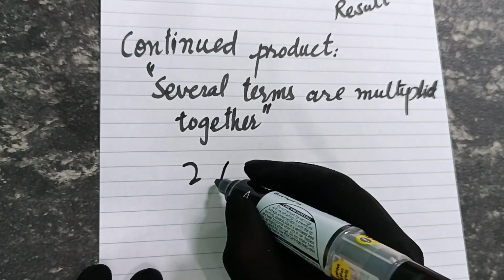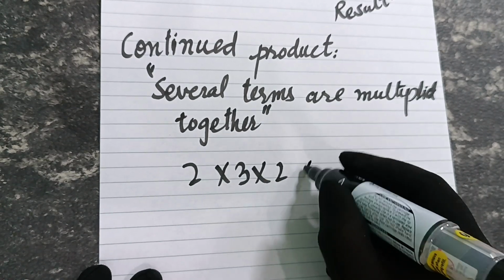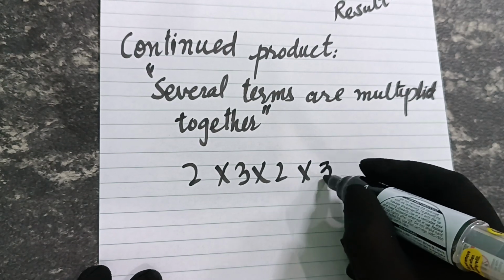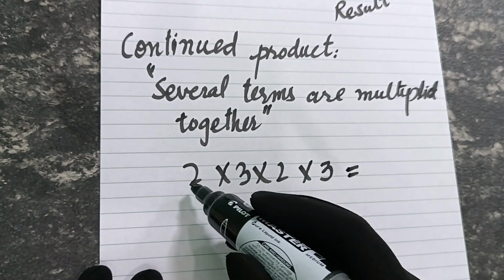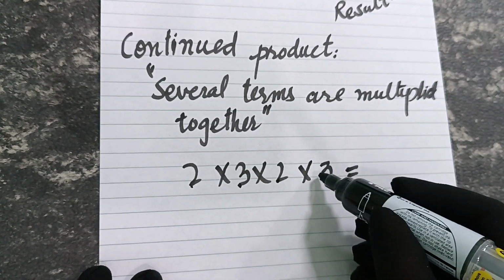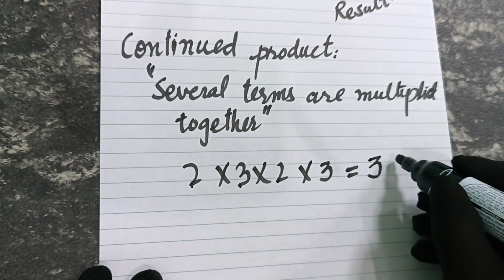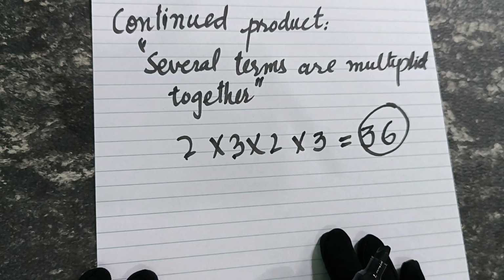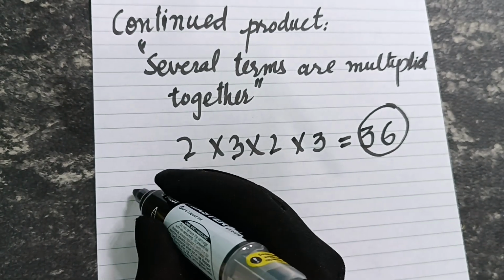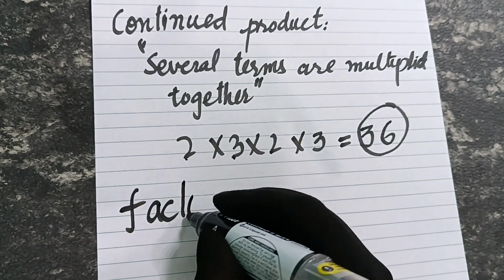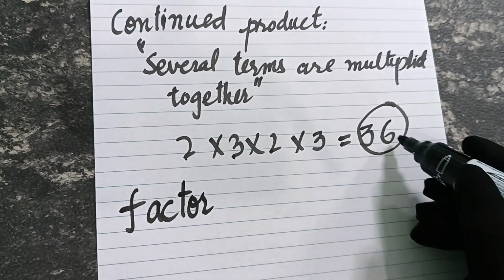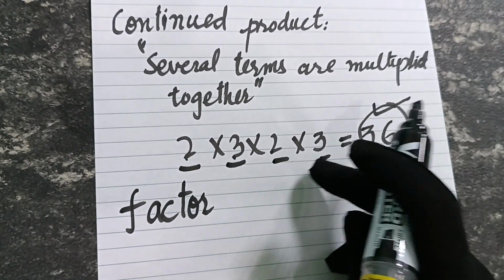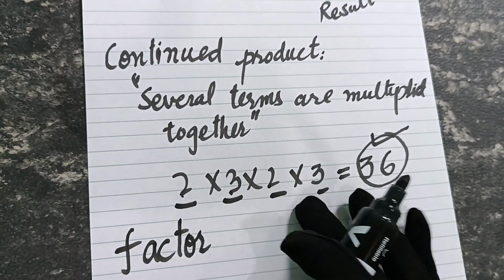Like, 2 threes are 6, 6 twos are 12, 12 threes are 36. So this we obtain after the continued product. And then we must know about the factors also. This is the continued product. They are called the factors of this number, they are called the prime factors of this number.